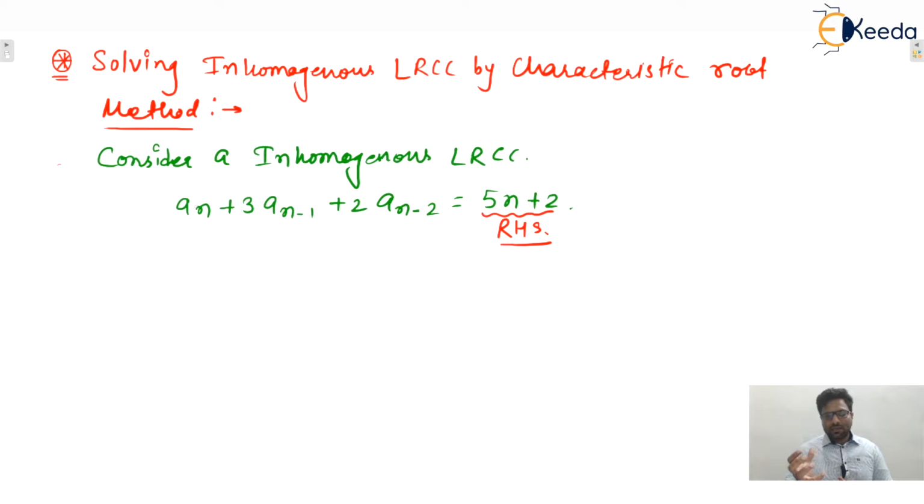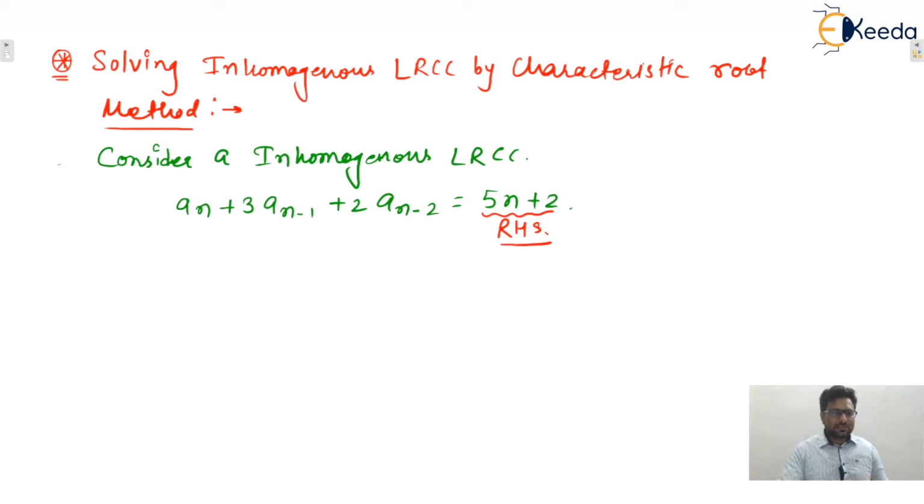Second step, there will be one table. According to that table, you will find the particular solution, also known as the trial particular solution. Finally, third step is to add both of them and then you will get the solution of the inhomogeneous LRCC. So I am doing it step by step, there won't be any problem guys.